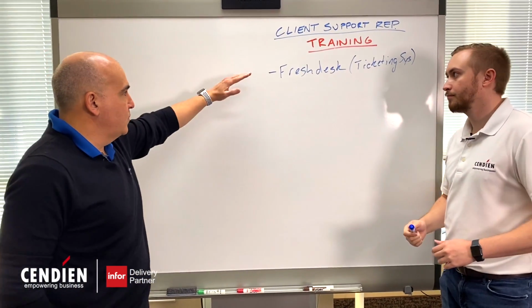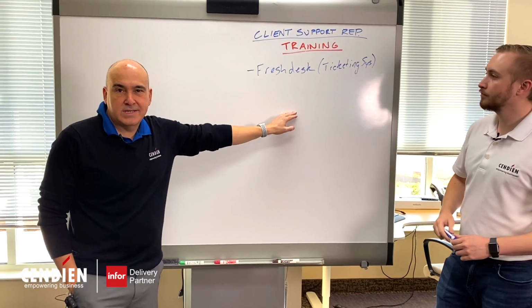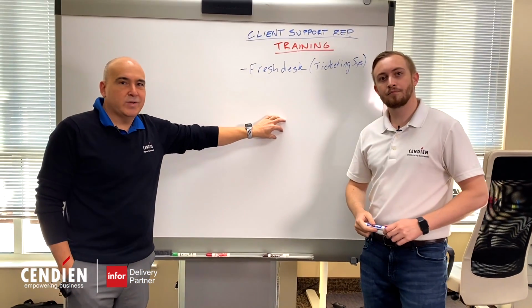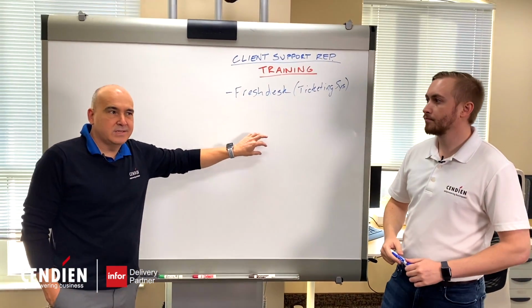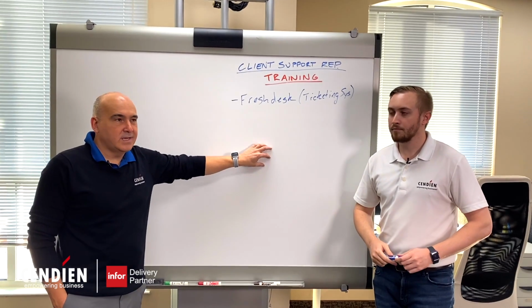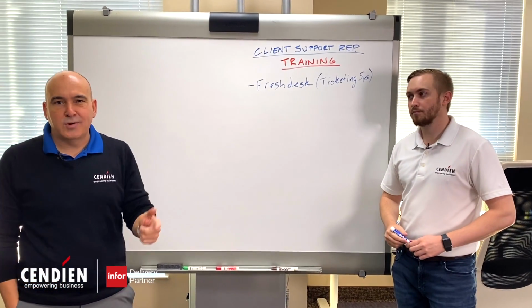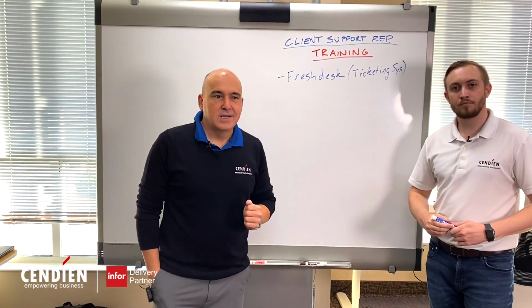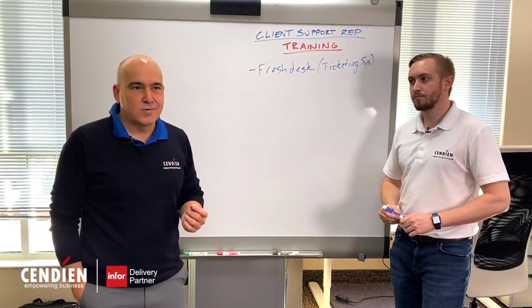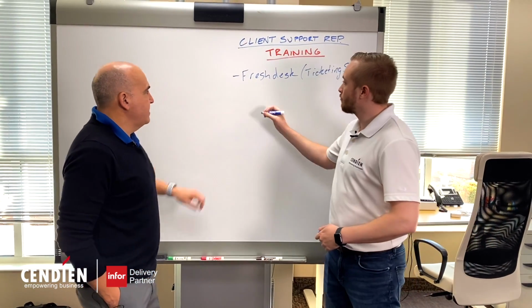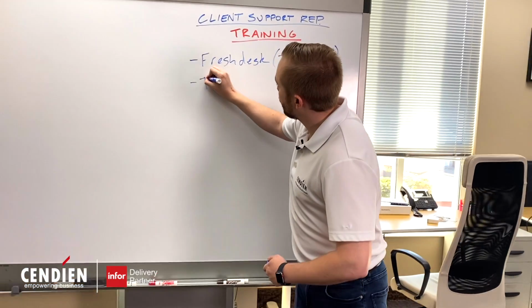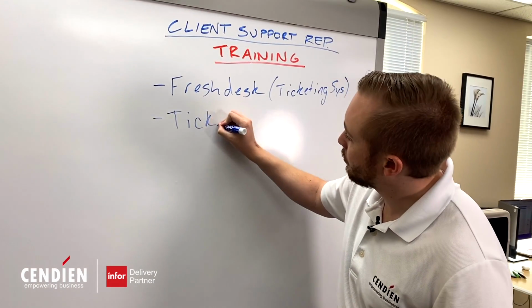Regardless of whether we're using Freshdesk or the client ticketing system, we want to make sure we understand the different types of tickets, whether it's an incident, a project, a request, things like that, and then give the client updates on those tickets.